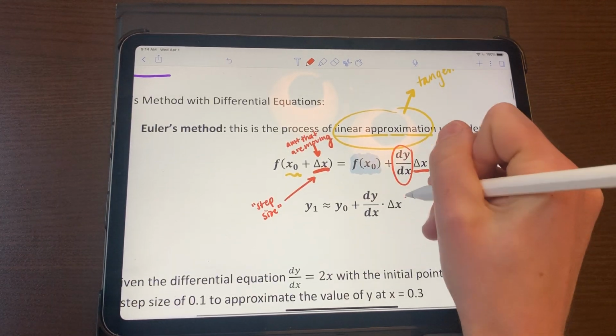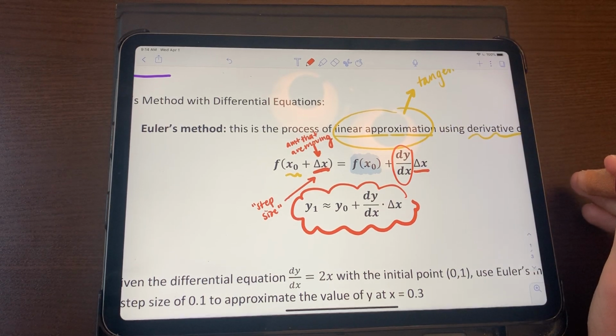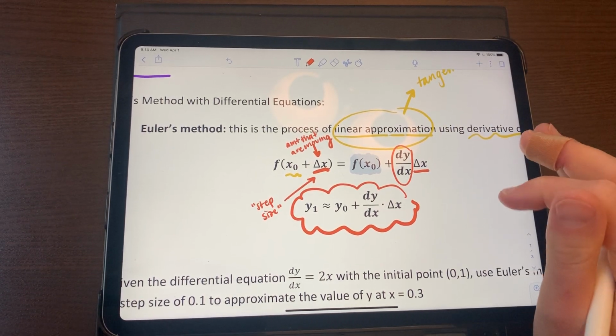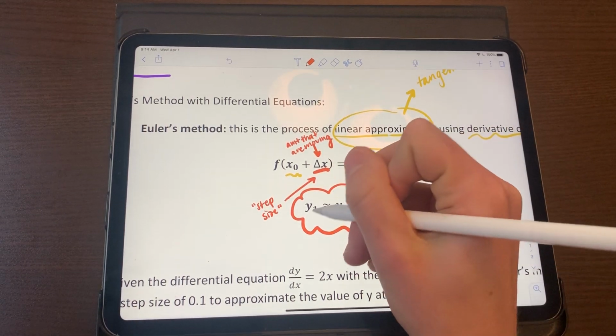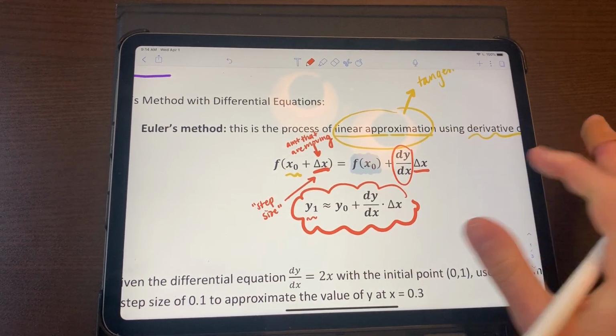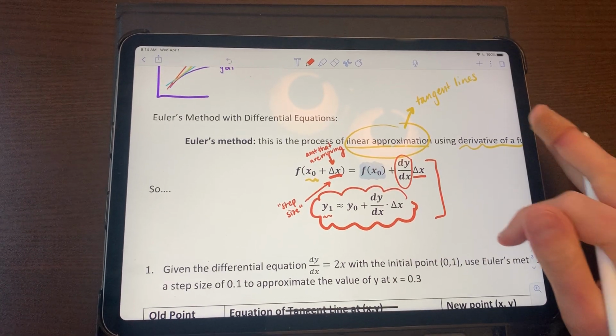What this leads us to is basically a new tangent line. It gets us a new value of y that we're looking for. And I think this will become a little bit clearer about how to use this idea when we do an example.